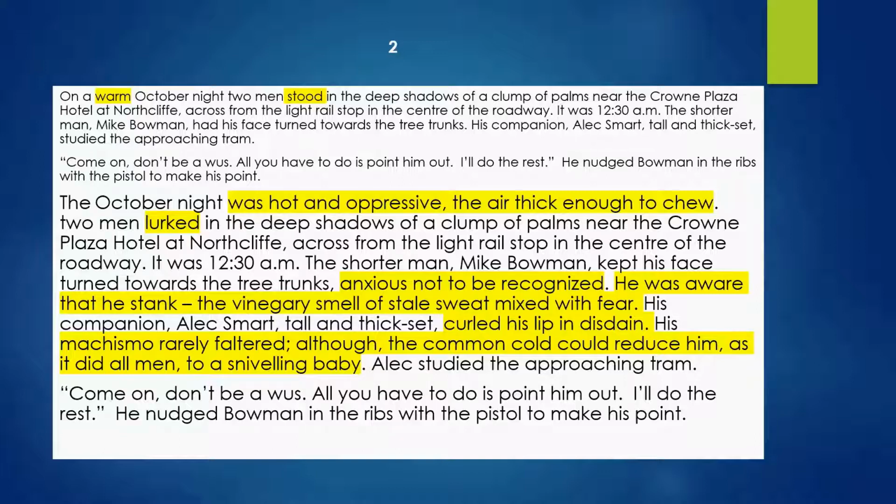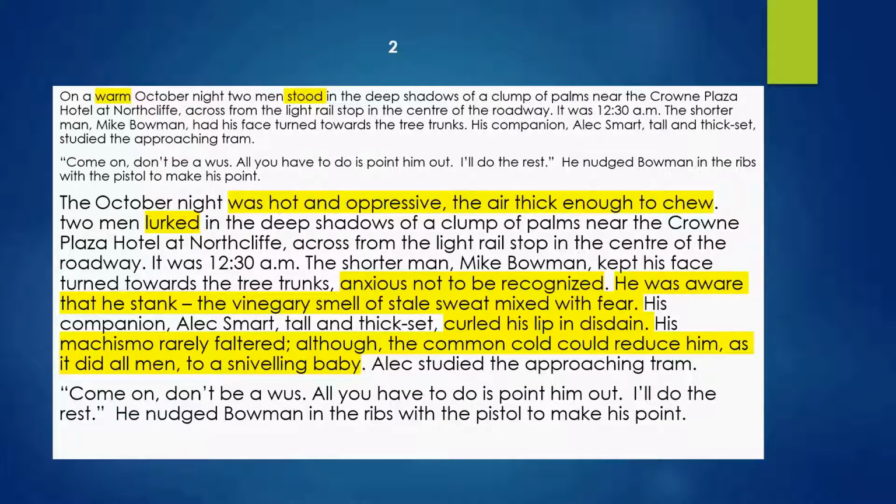So this is some additional information that the narrator knows, and now we get something from Mike himself. He was aware that he stank, and so now we get a picture, or a smell, of how he came to stink, a mixture of sweat and fear.